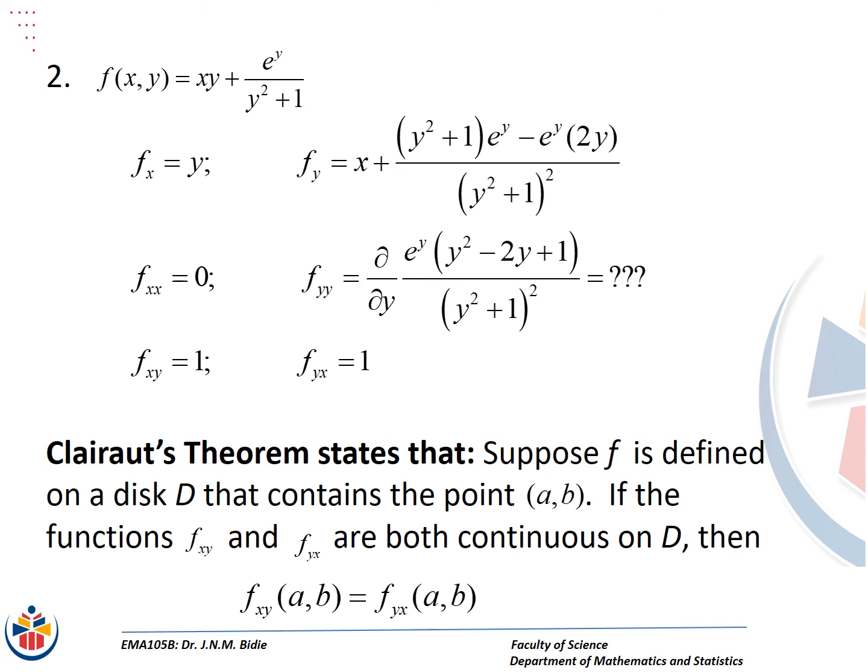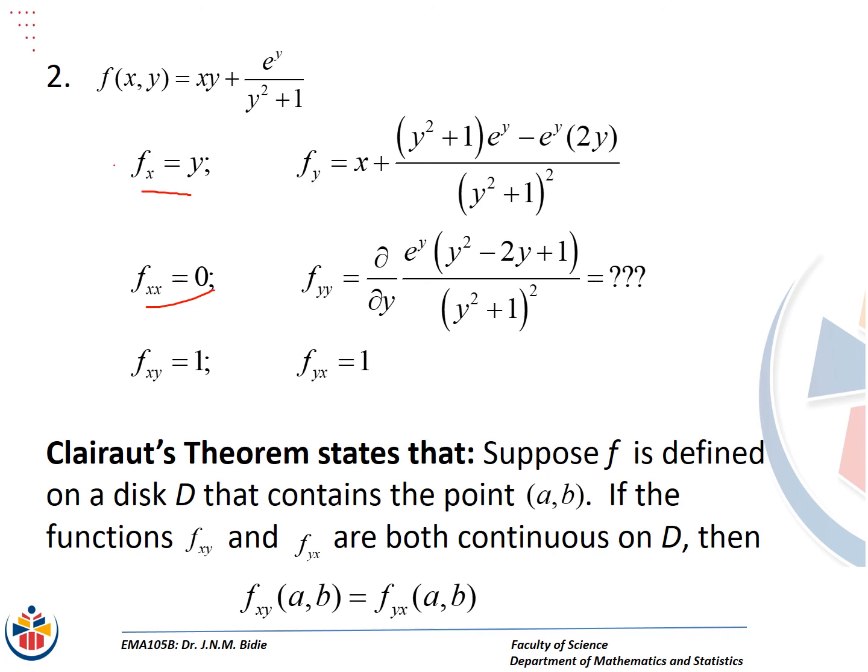For number 2, for the given function, the first derivative with respect to x is just equal to y because all the other terms have got y only. So the second term becomes 0 when you hold y constant. And then we go to the second derivative.